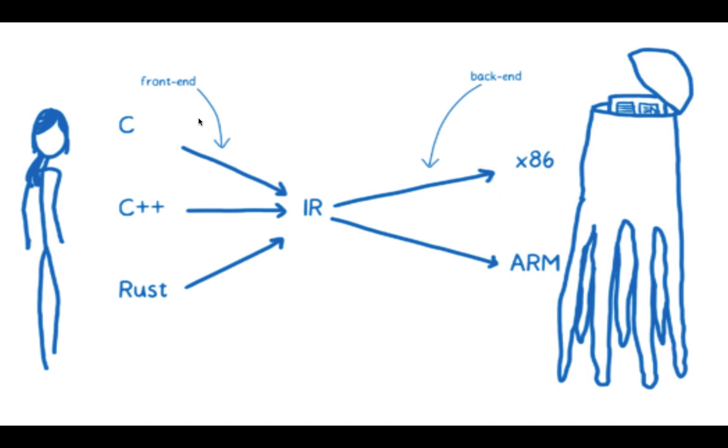This part, where the C language is compiled to IR, the intermediate representation, or assembly language, is part of the process called the front end. And when the IR, that is assembly language, is processed to specific machine targets, x86 or ARM, that is part of the process called the backend.